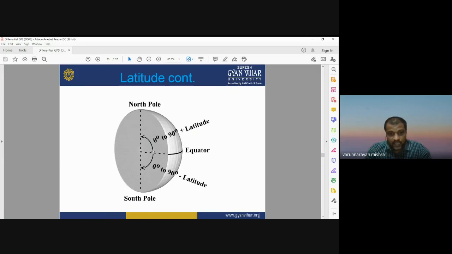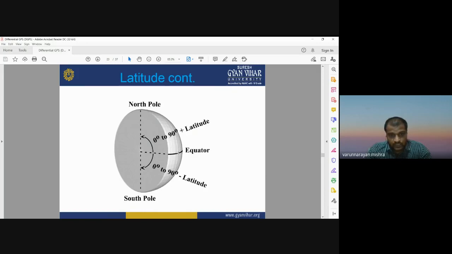It calculates the angle from the equator to the north pole. This is the line that is joining the north pole and south pole, and latitude will be the angle measured between the equatorial line or equator and the line joining the north pole and south pole.